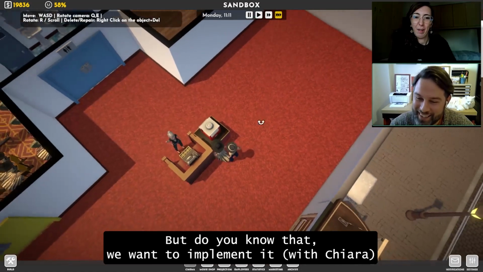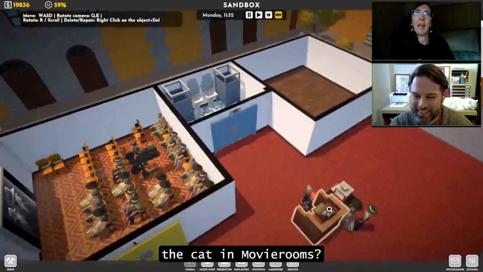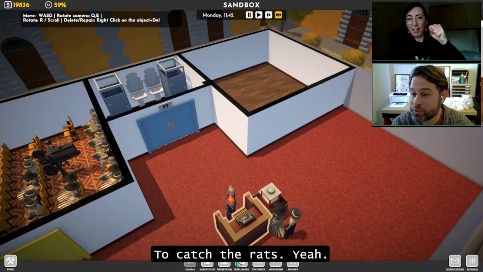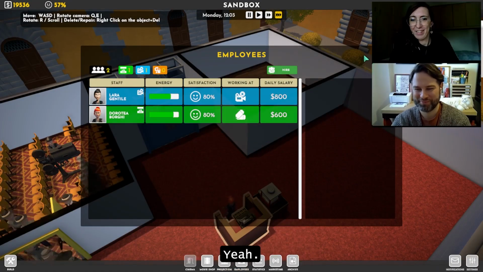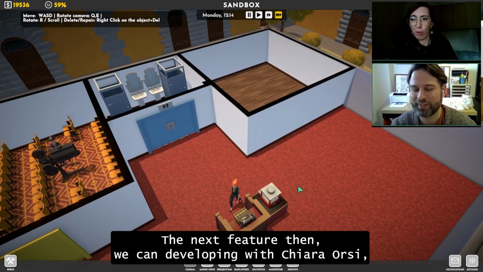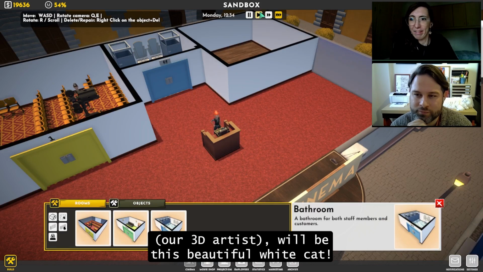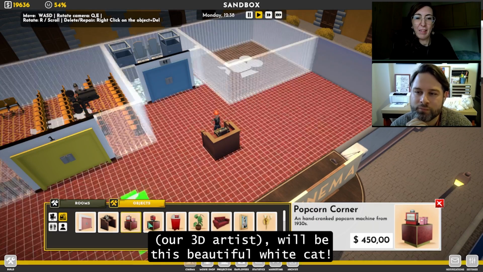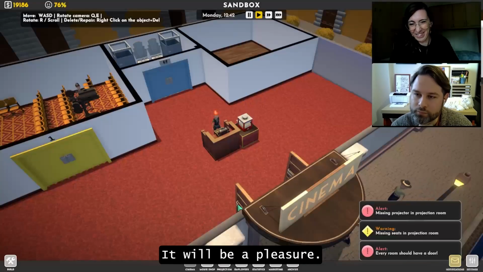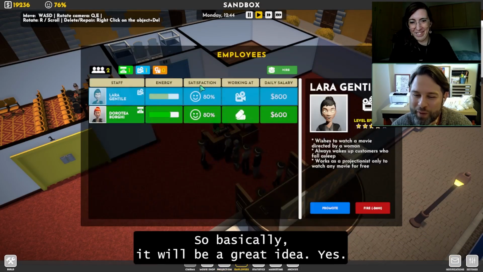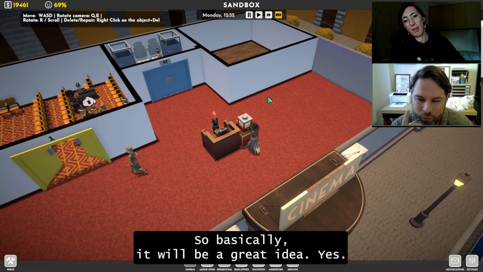The white one. You know that we want to implement it with Chiara, the cat in Movierooms, to catch the rats. Exactly. He would love it. A great mascot. Yeah, the next feature that we can develop with Chiara Rossi, our 3D artist, will be this beautiful white cat. It will be a pleasure. So basically, it will be a great idea, I guess.